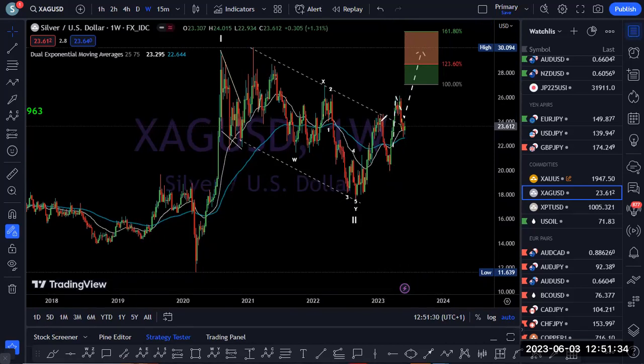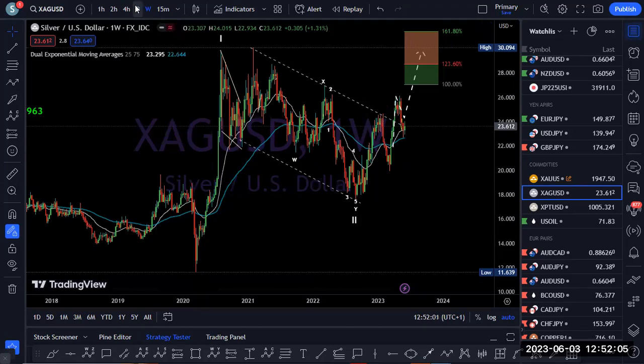You know, that is A, B, then C can come here. So I don't see silver making a new low from here. I don't think it will happen. On gold, it may happen, but on silver, I don't think so. So we may get expanding flat as ABC, which means 1, 2 for higher move. Anyway, that's for weekly.